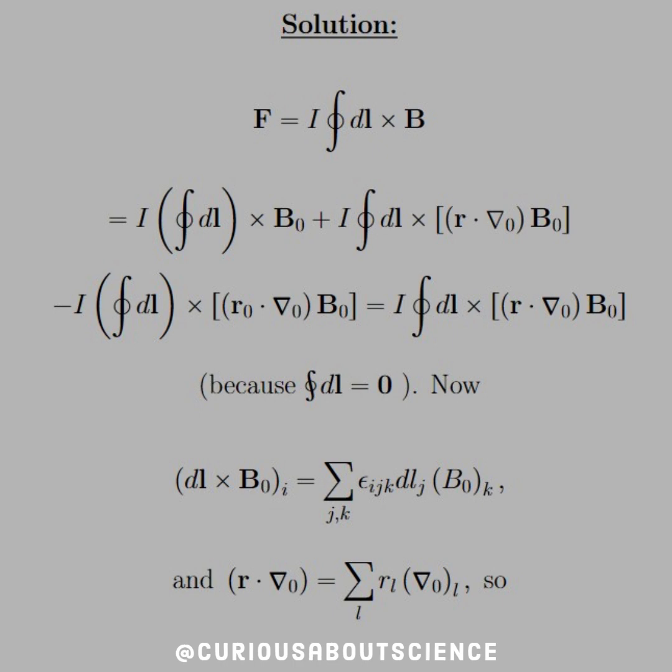All right, so if we're looking at how to play with this stuff, let's start back from the force equation. And then we see here that if we tidy up this thing after we plug in the expansion, we have the line integral crossed with the initial field, and then we also have I times the integral across the separation part of the field, minus, after we distribute, because remember it was r minus r naught, and we still get the same thing, but now we have to confine everything down.